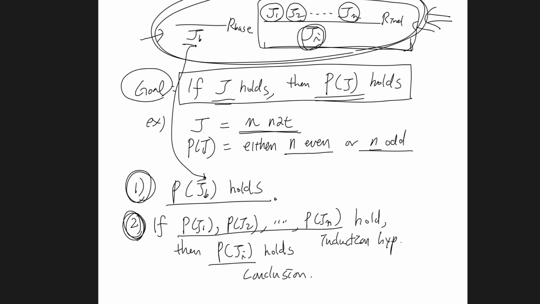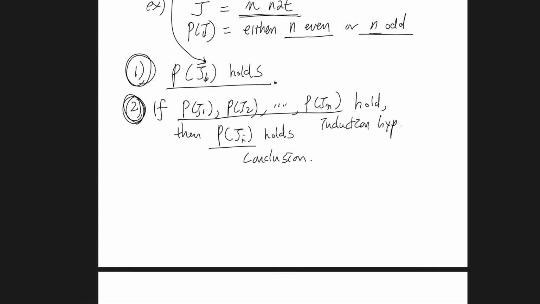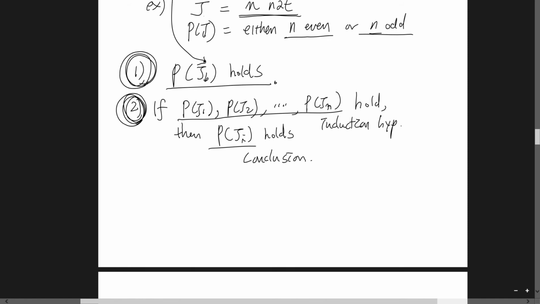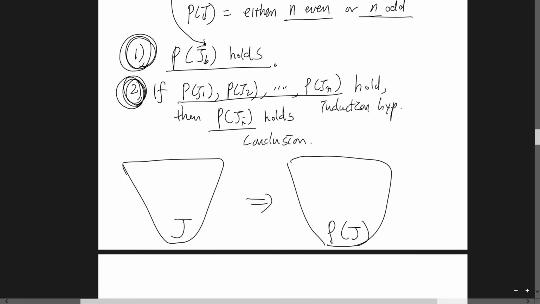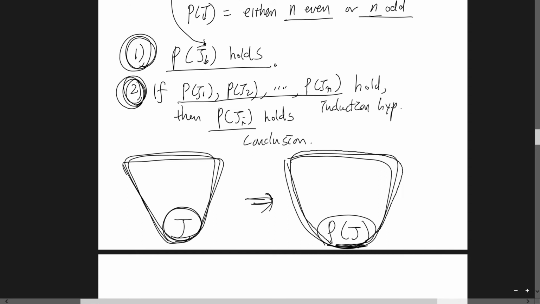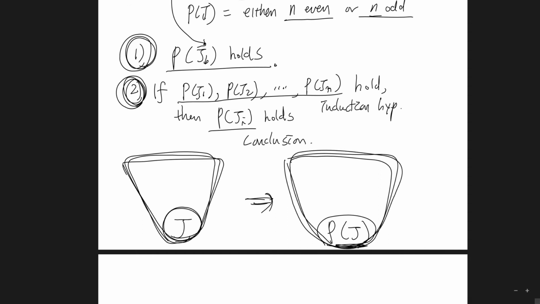The idea is that if we have proofs that these two statements are true, then we can convert any derivation tree proving J into a corresponding derivation tree that proves P of J. So we can convert this derivation tree to another one that proves P of J. So therefore, whenever you have a proof of J, like with this derivation tree, you can also produce a proof of this judgment P of J with this derivation tree. Why is this the case?